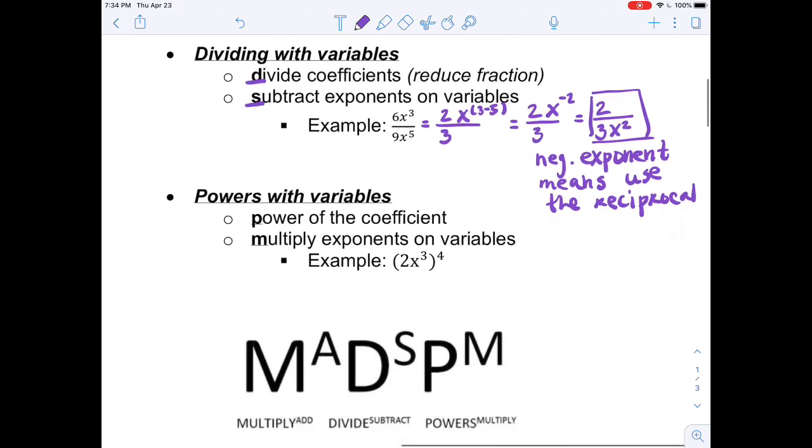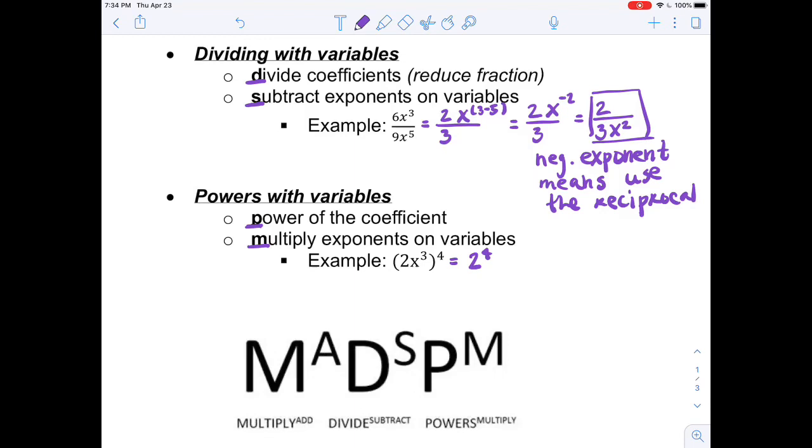All right, the final thing that we want to talk about is powers with variables. So powers, whenever we have an exponent, we take the power or the exponent of the coefficient and we multiply the exponents on the variables. So if we look at our example here, in parentheses 2x to the 3rd and then raised to the 4th power, it will break down like this. We take the coefficient, the 2, and we actually take the power, the exponent of that.